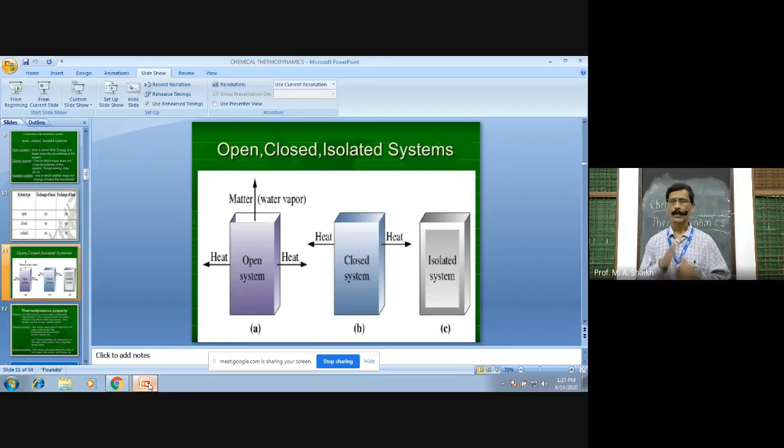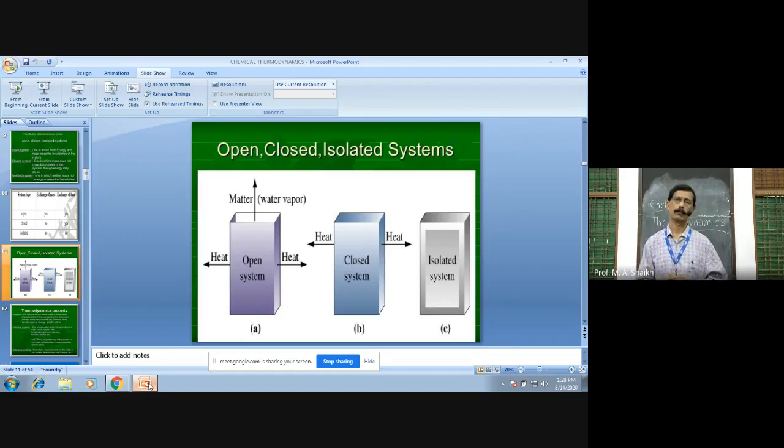But heat energy can go from hot water system to surroundings through the metallic wall. So here there is only exchange of energy, but no exchange of matter. It means hot water in a closed metallic vessel is an example of closed system.